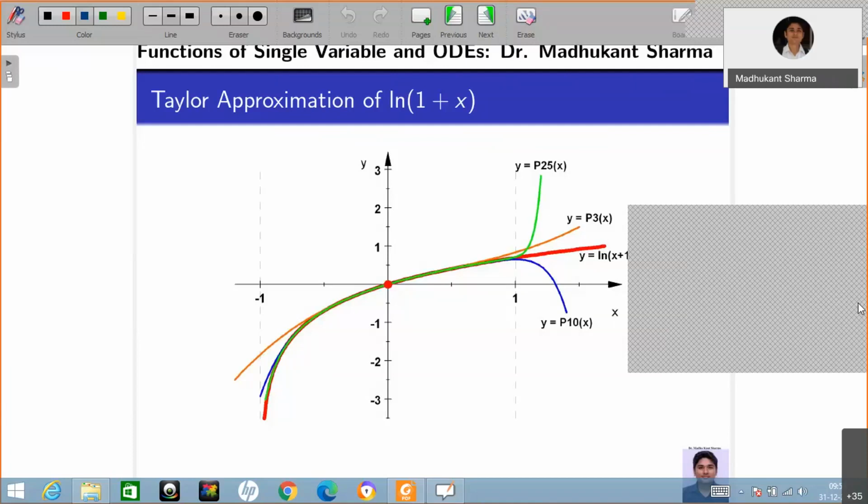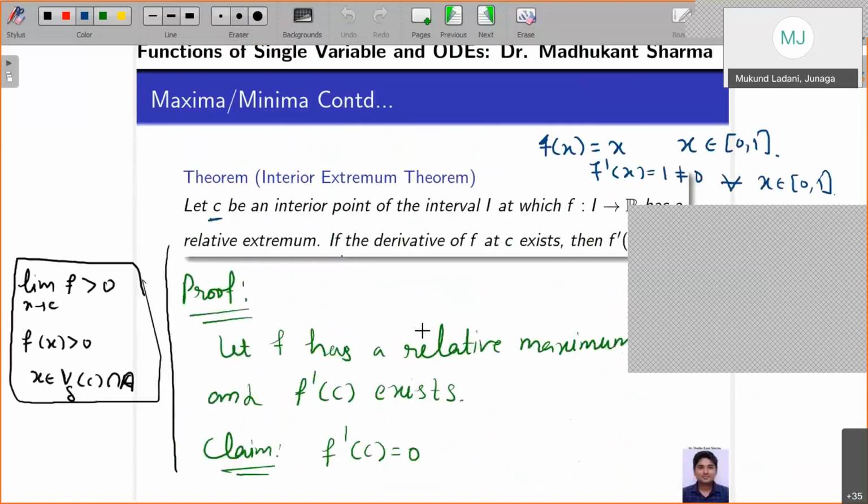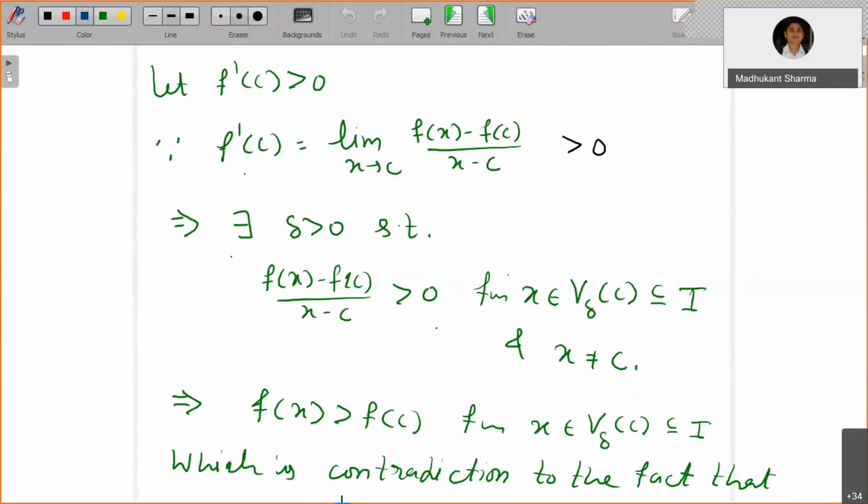Wait a minute. Here it is, next slide. We have disproved that f dash of c can't be greater than 0.